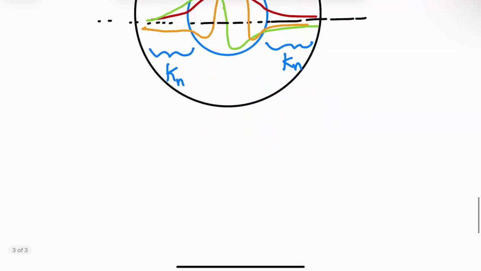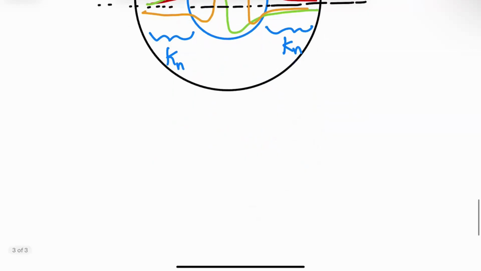Okay, so let's go ahead and find what the fields actually look like. Once we have psi1 and psi2, what we need to do is find the fields and apply the boundary conditions to find what the coefficients of these field quantities would be.